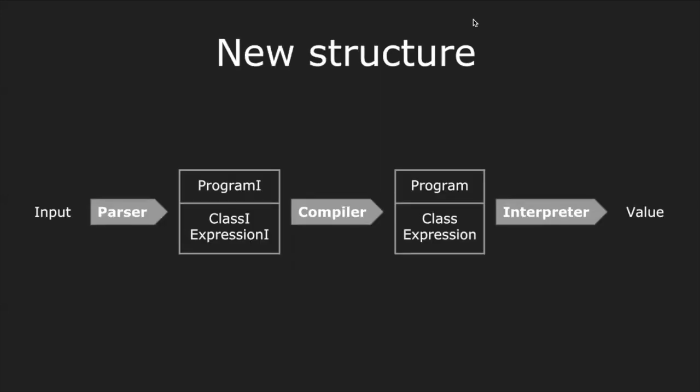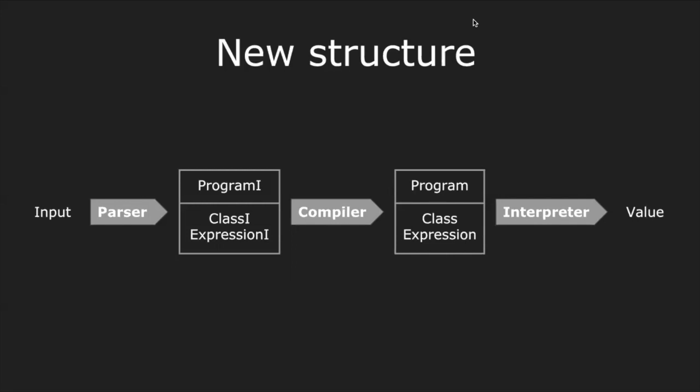I've also added a compiler layer, and the structure of the program looks like this. The parser parses the input into something called program I, which is a pre-compiled program. Then it goes through the compiler, which compiles the program, and then through the interpreter, which interprets the compiled program and returns a value.